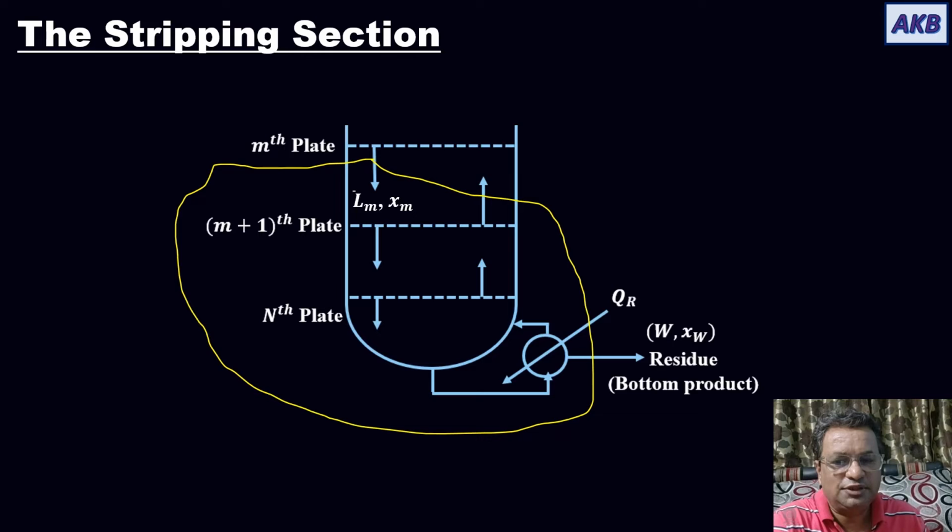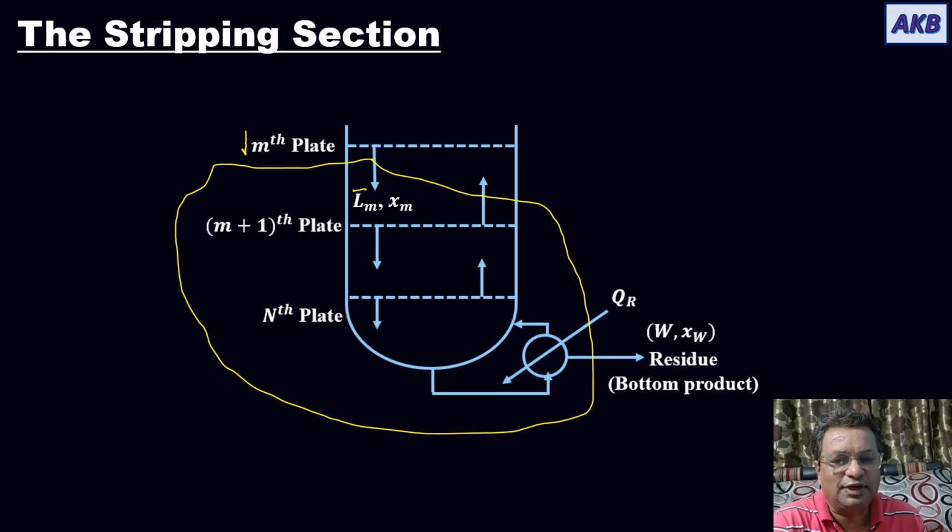So for example, this stream is named as L bar. The stream has a molar flow rate of L bar and the mole fraction of A in it is Xm. So this is the liquid stream that is coming from the mth plate.